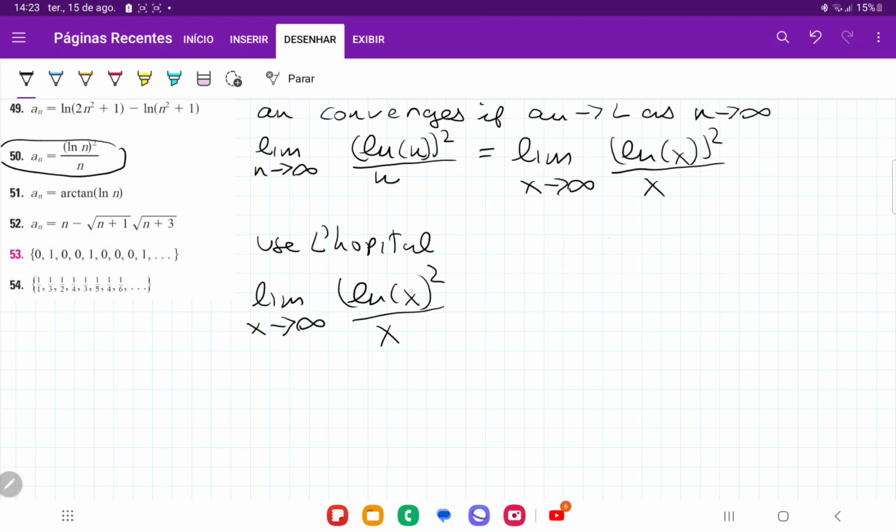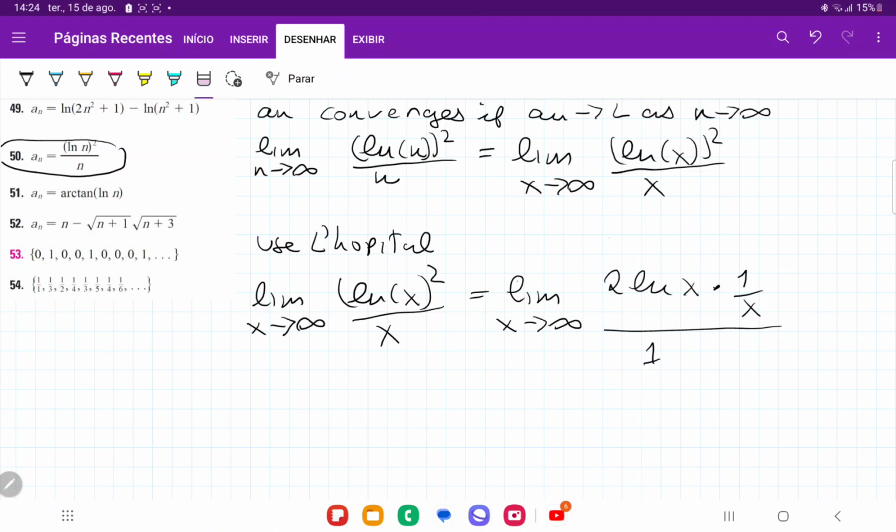Because we have a chain rule, the derivative on top is 2 ln of x times 1 over x, the derivative of the outside times the derivative of the inside, and the derivative on the bottom is just 1, right?